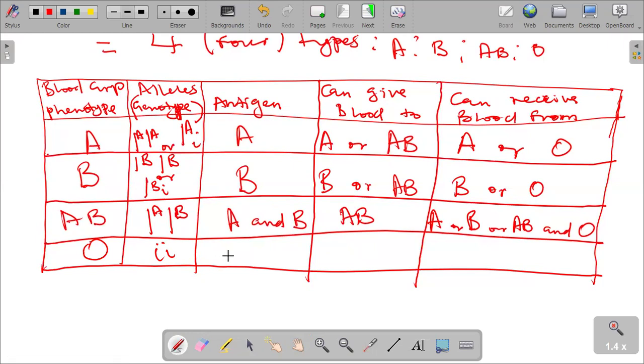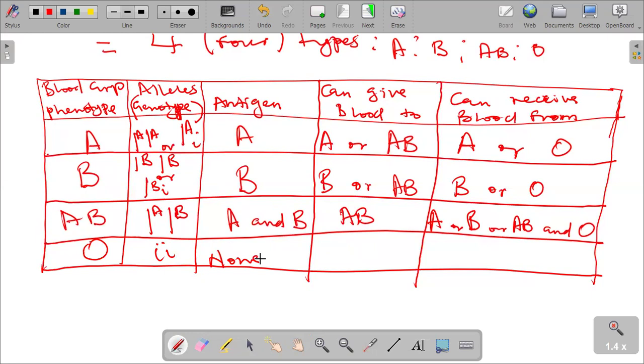And then does it produce any antigen? There are no antigens produced by O here. O produces none.